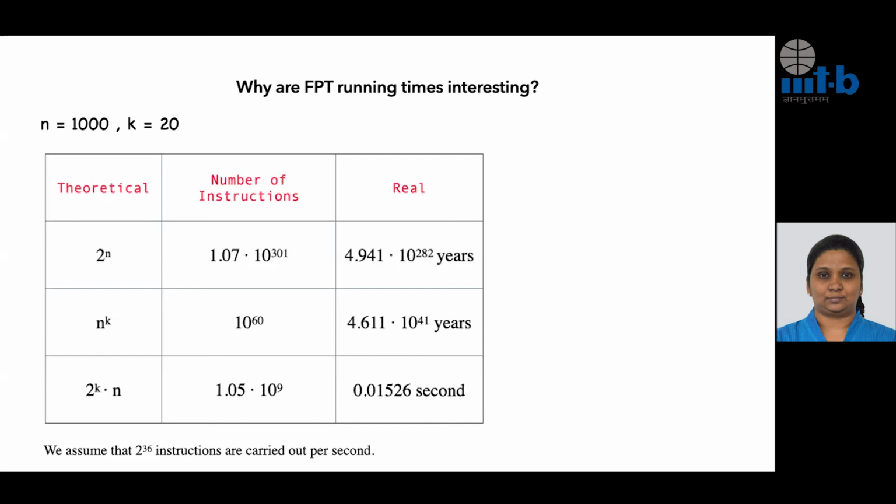Whereas the 2^k times n algorithm, although it's an exponential time algorithm, will run in 0.01526 seconds. So this is the motivation for why we study FPT. Even though it is exponential, it's a good exponential, a better exponential than the others. That's why we are studying FPT running times.